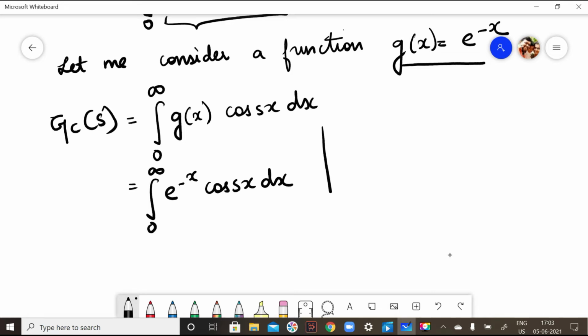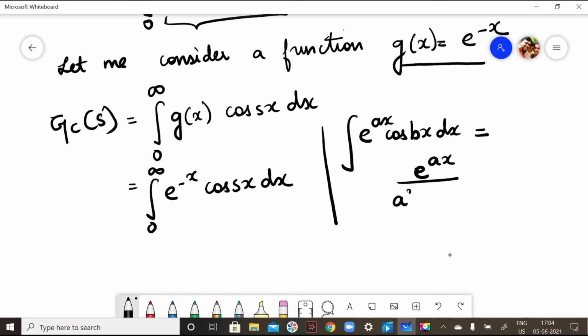To solve this, I have a formula: the integral of e to the power ax cos bx dx is equal to e to the power ax by a squared plus b squared, into a cos bx plus b sine bx.